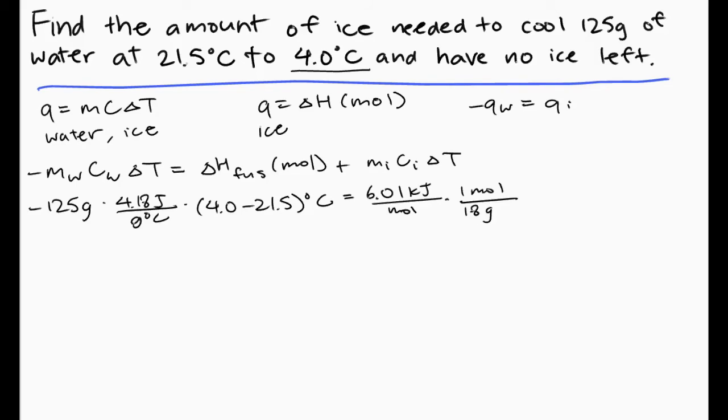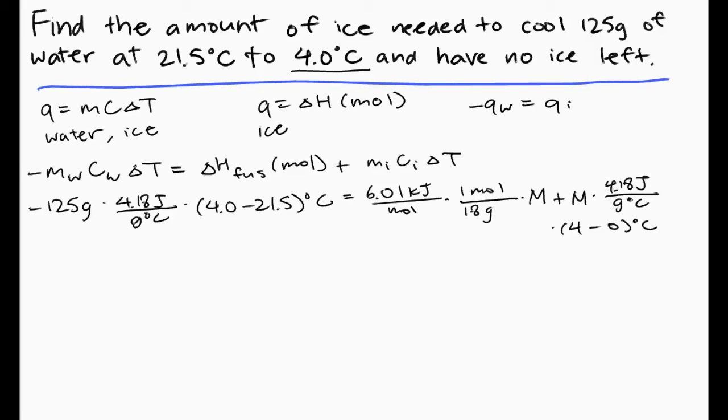And we want to multiply this by the grams of ice. So we can just call that M for now, because that's what we're trying to find. And we also need the mcΔT part. So this would be mass times the specific heat capacity, which we use the one for liquid water because at this point the ice has already melted, and times delta T, which is 4 minus 0 degrees Celsius.